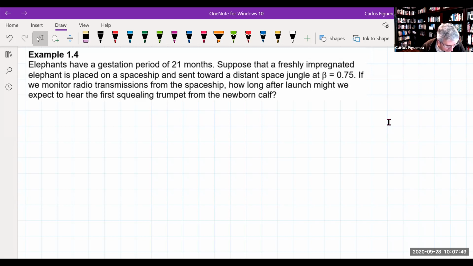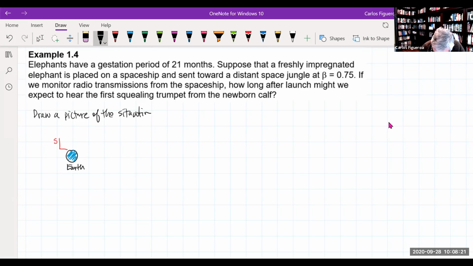So the first thing that I want to do here is start with the diagram. So we want to draw a picture of the situation. And so, of course, if we start doing the same type of picture that I've been drawing all along, here's my frame as observed by the Earth, of course.